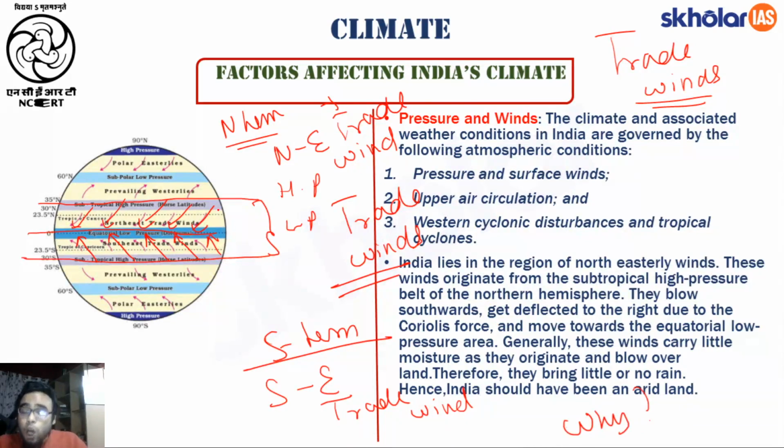Because always remember, whenever we name a wind, we always name it from the place where it originates. In the northern hemisphere, your wind is originating in the northeast, right? So we call it the northeast trade wind. But the trade wind in the southern hemisphere is originating from the southeastern direction, and therefore we call it the southeast trade wind.